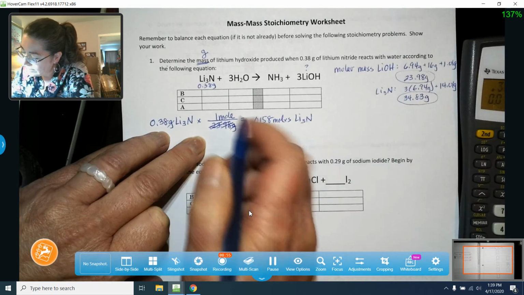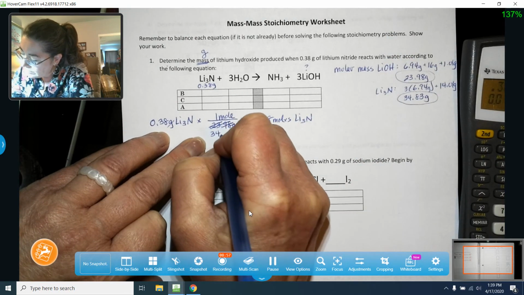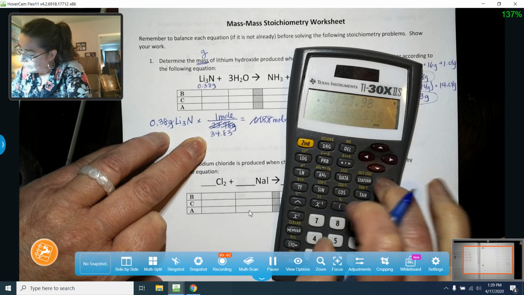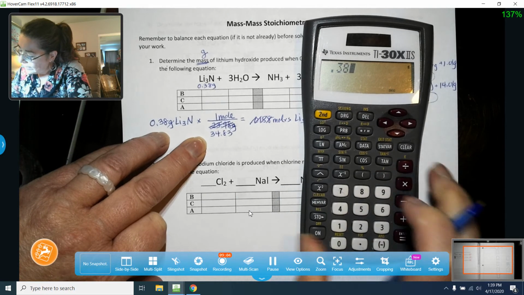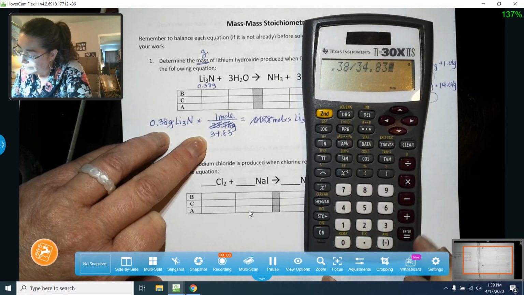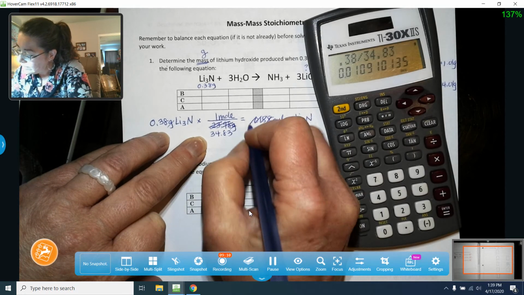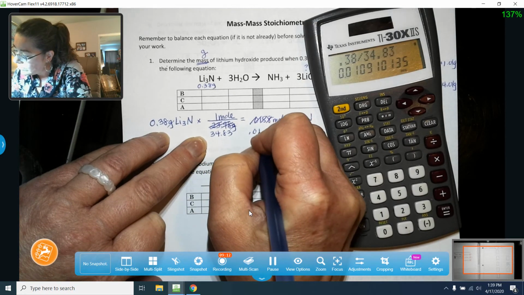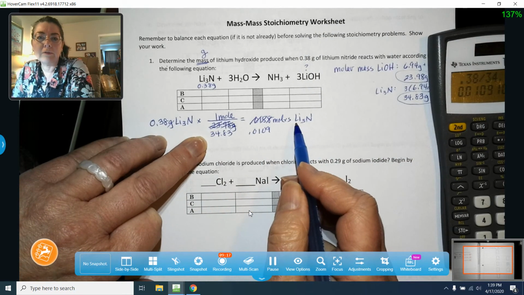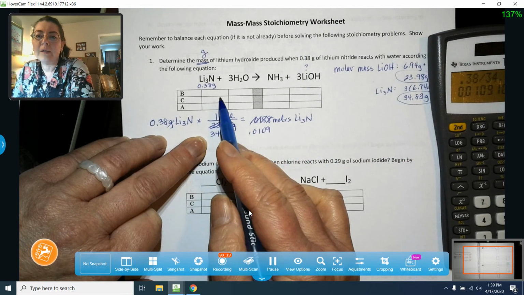So I need to put 34.83 there. 0.38 divided by 34.83, and I get 0.0109. Okay, so that's how many moles of lithium nitride I have.